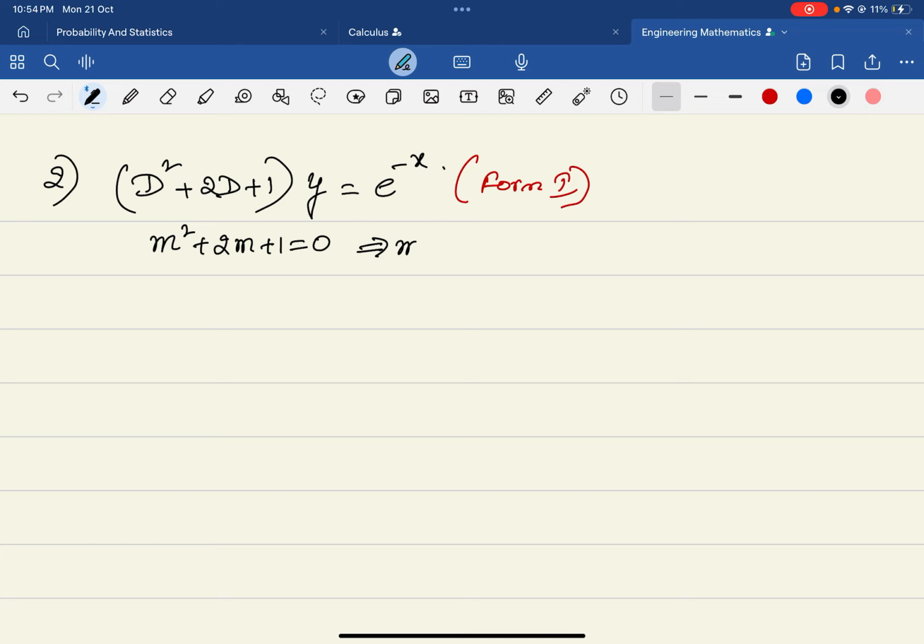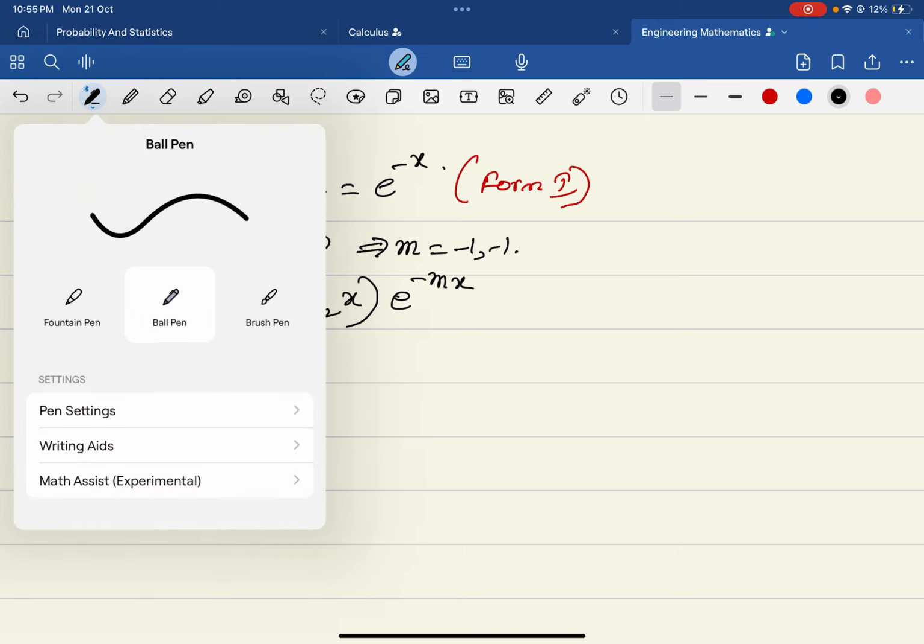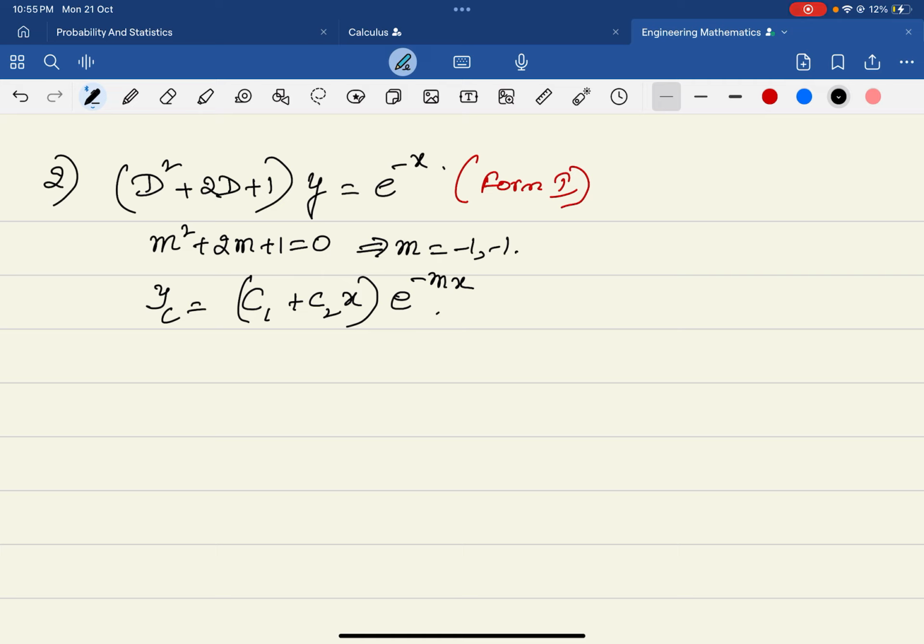So the roots are m is equal to minus 1 comma minus 1. Now what is the complementary function? It is c1 plus c2x times e power mx, and here m is minus 1, so all e power minus x. So this is your yc.